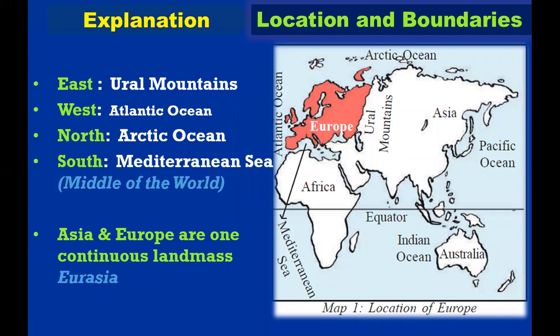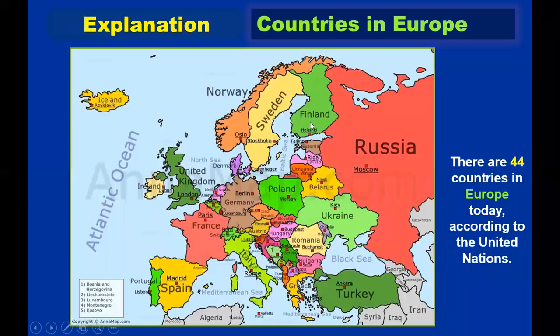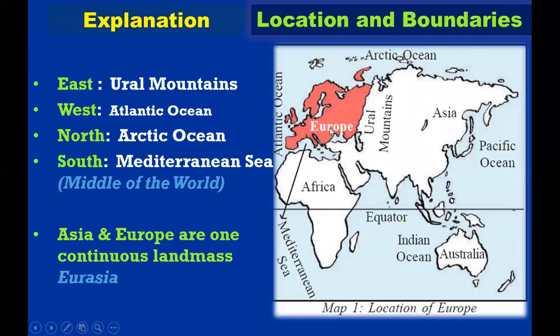Now come to the boundaries. As I told you, if we go towards the east, we find the Asia continent, and the Ural Mountains and Caspian Sea separate Asia and Europe. If we come towards the west, you find the Atlantic Ocean.